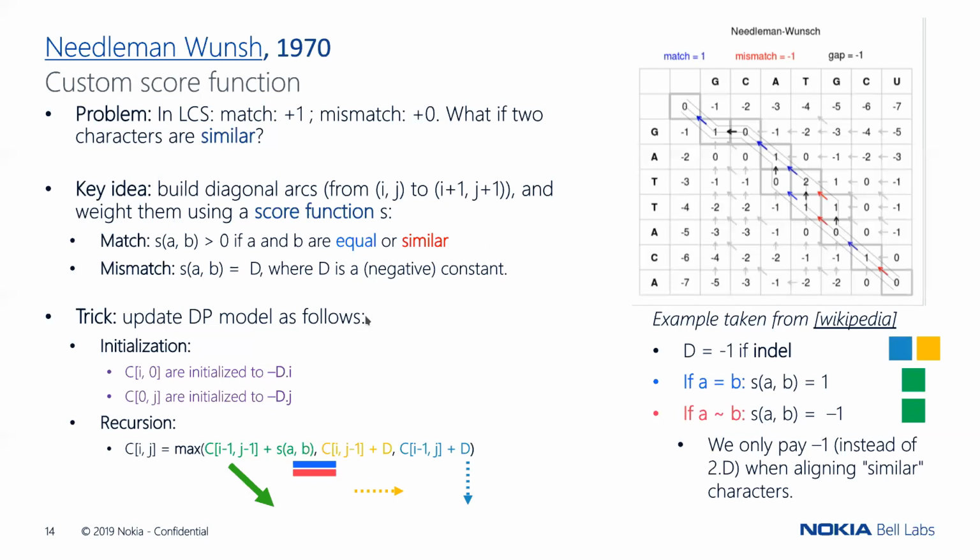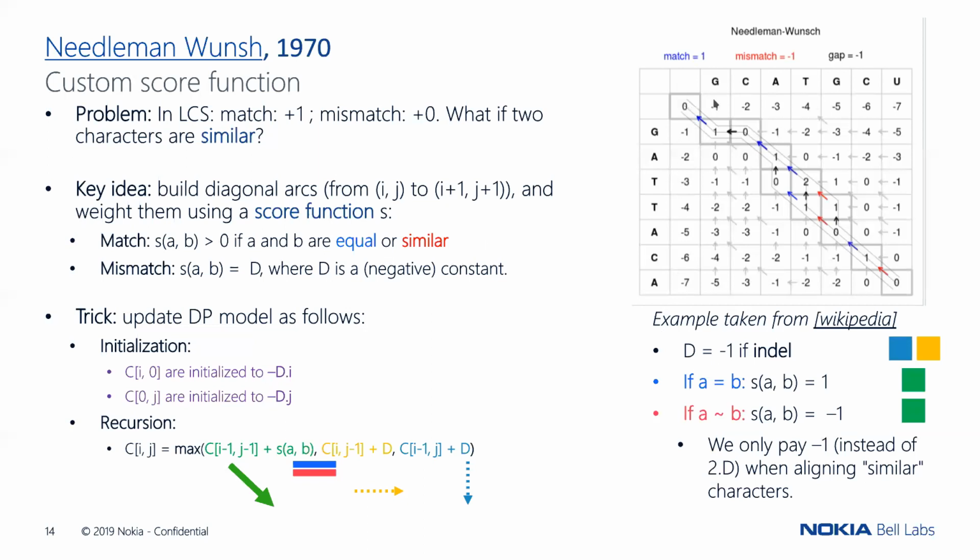And so now, how do you solve it from the dynamic programming perspective? You will just slightly adapt the initialization step. Depending on where you are, on the first column or the first row, you will pay 1D or 2D or 3D or 4D, etc. So this is what I wrote here.